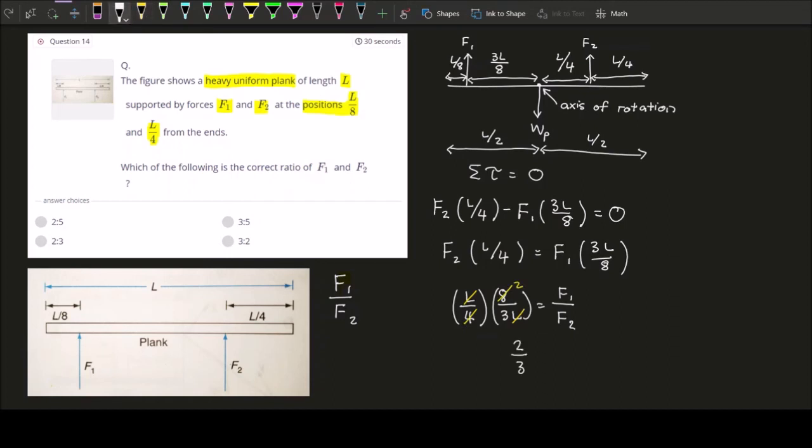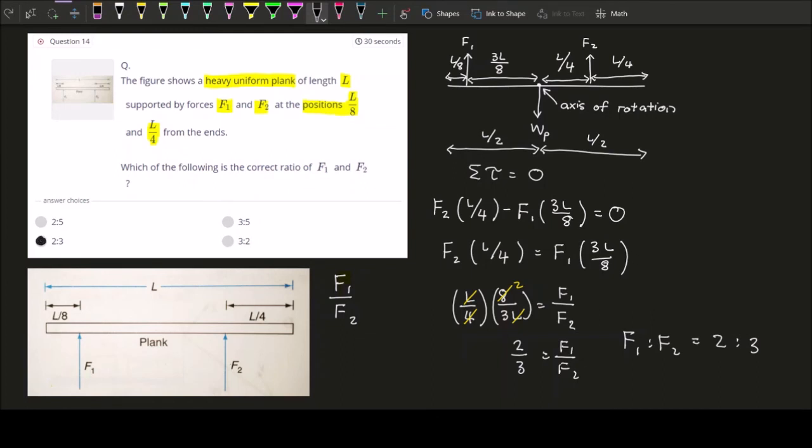So 2 over 3 equals F1 over F2. So the ratio of F1 to F2 will be equal to 2:3. So our answer will be this one.